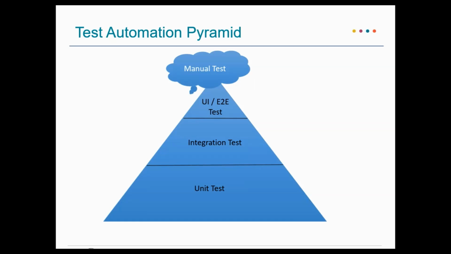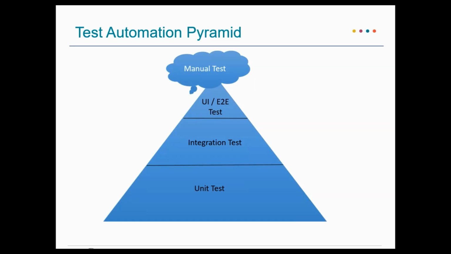And again, if we have written here only unit, integration or end-to-end, it does not mean that you cannot have some other layers as well which are required. So, for example, if you need to specifically mention something like security tests or maybe performance, you can just have that, and you have to define how much you need, at what level it should be there, and how many test cases should be an indicator.